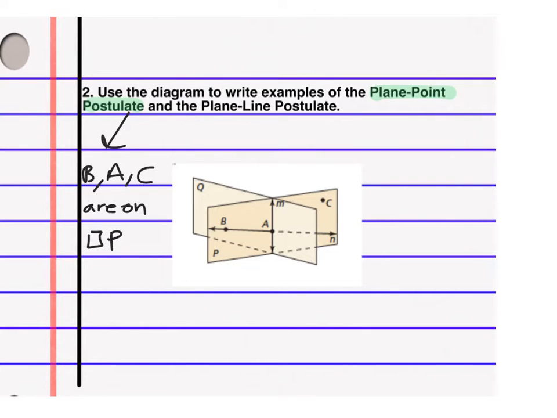All right, then we need the plane line postulate. So let's go look at the plane. So let's look for 2 points.